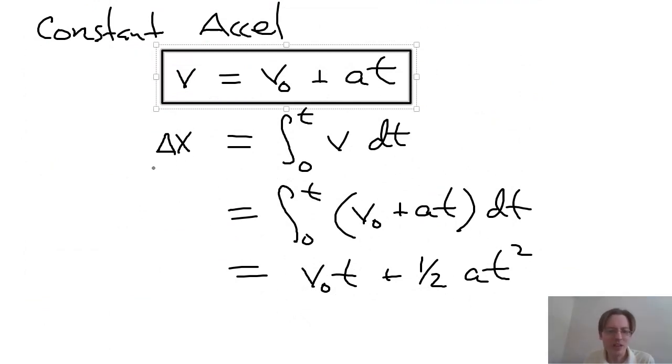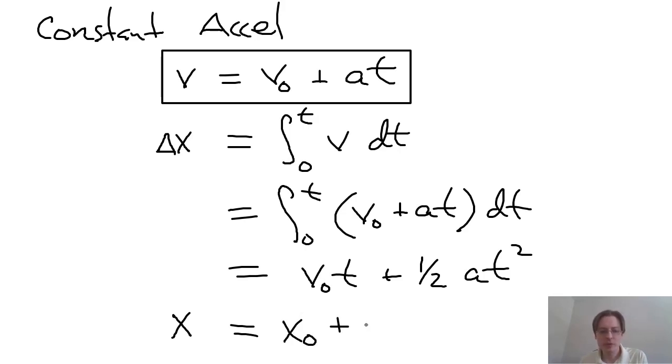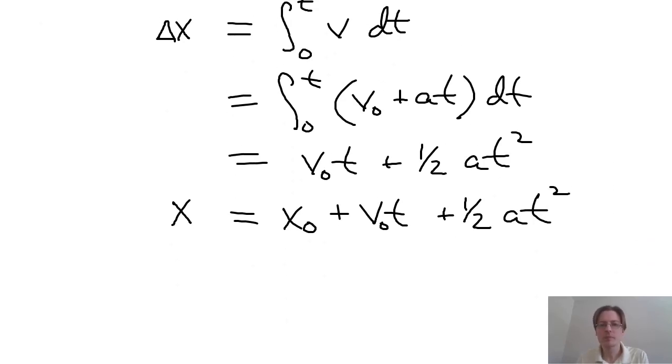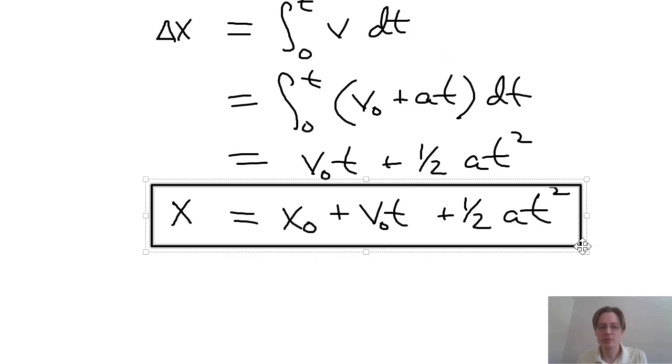Okay, so this is the change in x. In other words, x at time t is equal to the initial x value plus v naught t plus 1/2 at squared. And that's our second very useful kinematic equation.